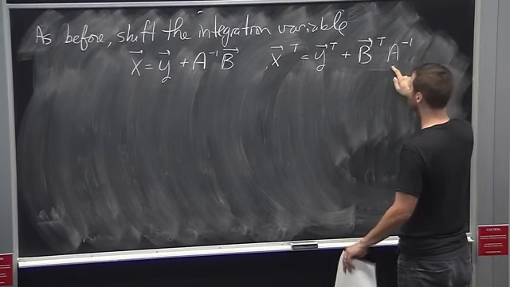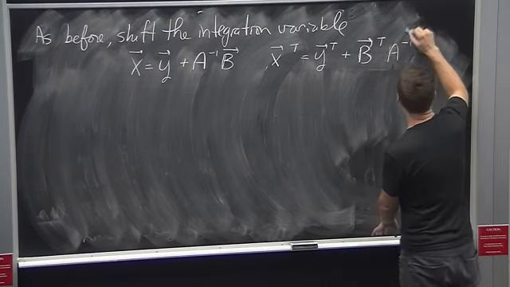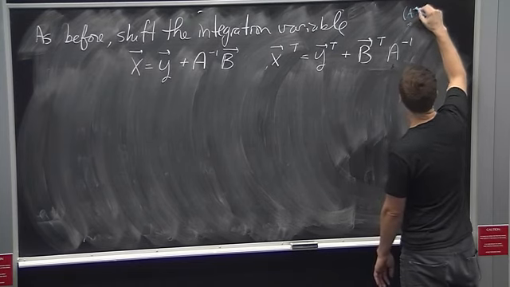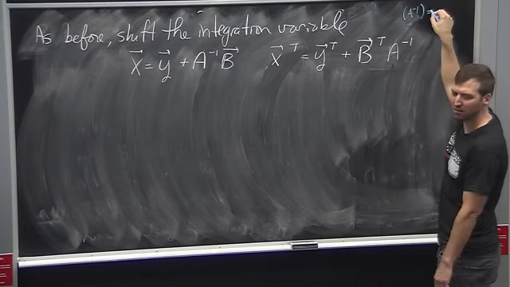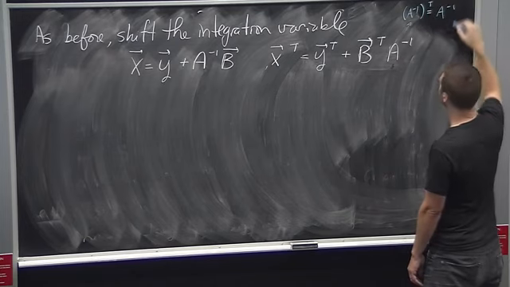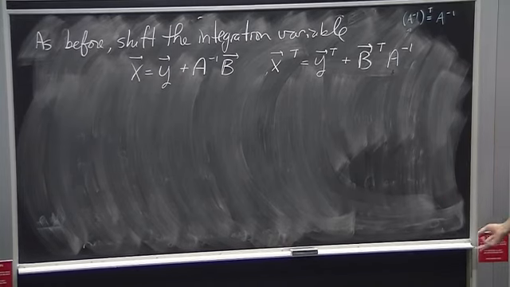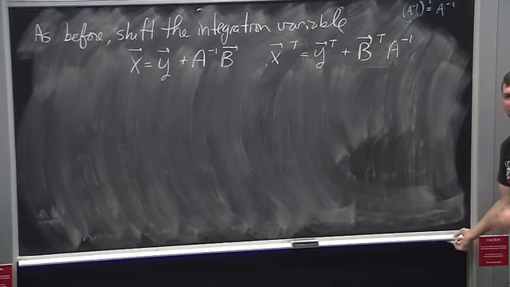That's because A is symmetric, so A minus 1 transpose equals A minus 1.